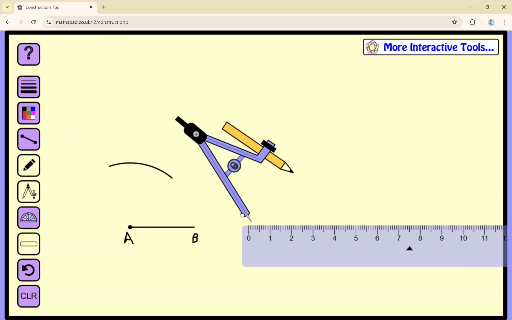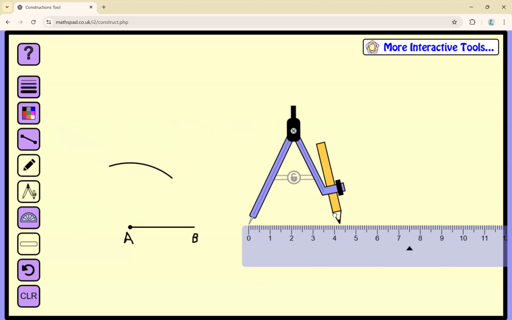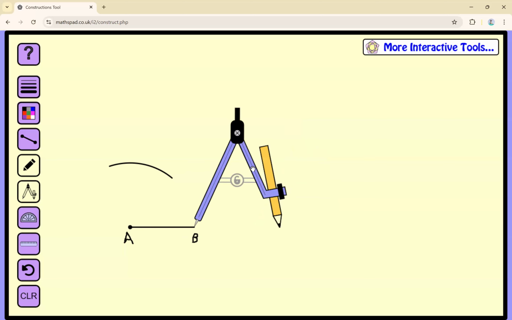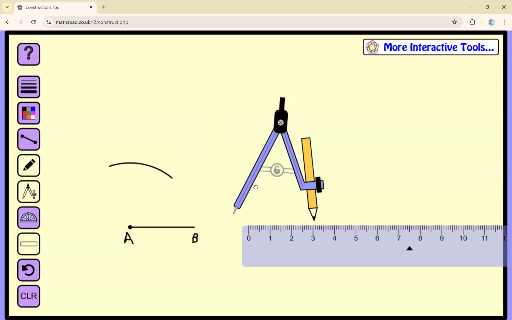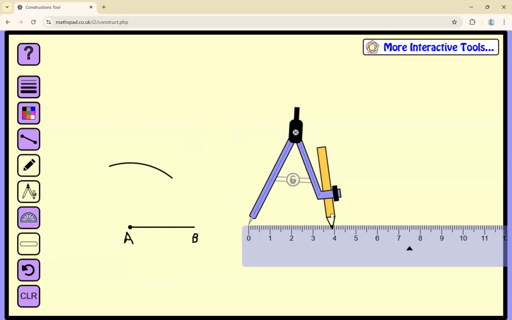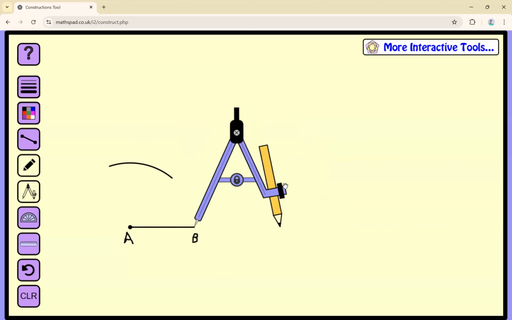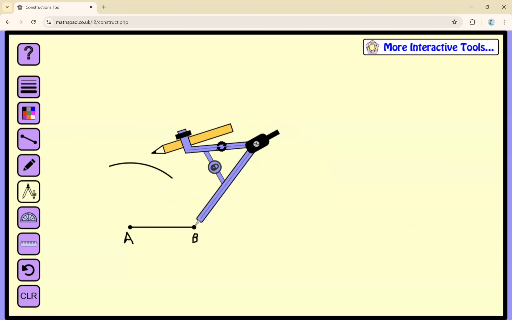Okay, BD is 4. Oh, I didn't lock it. So BD is 4.